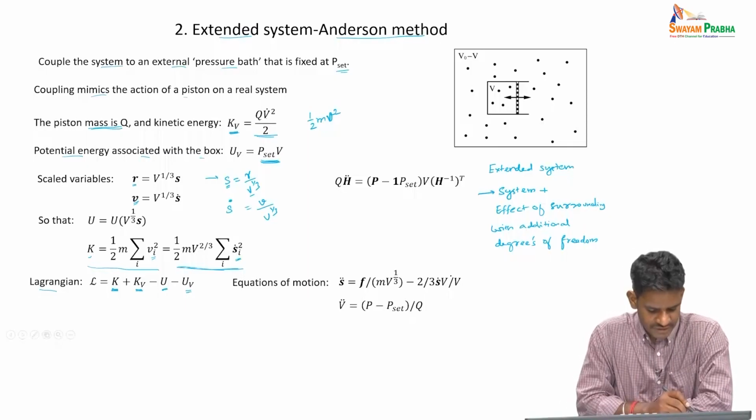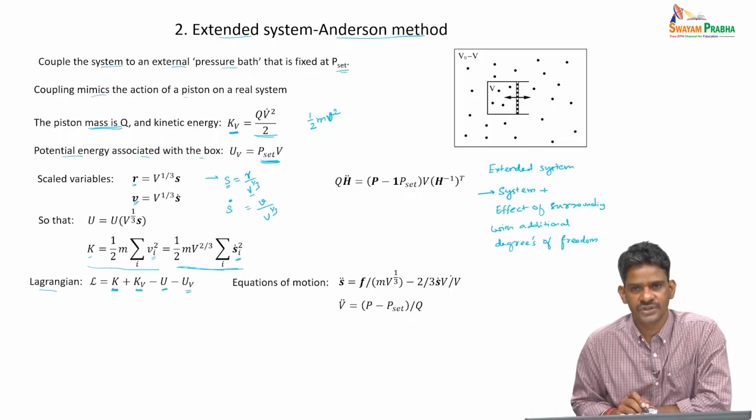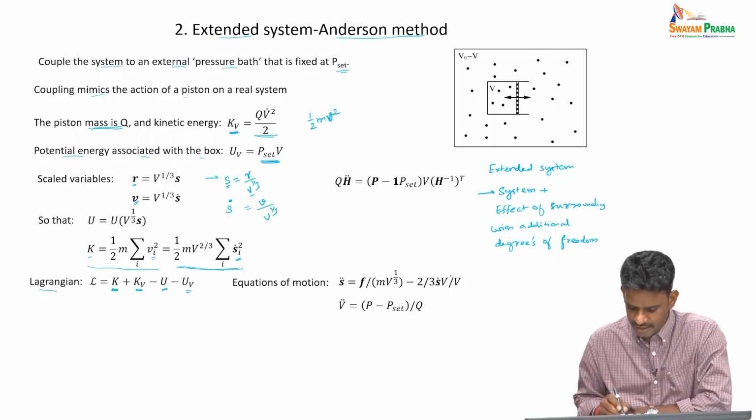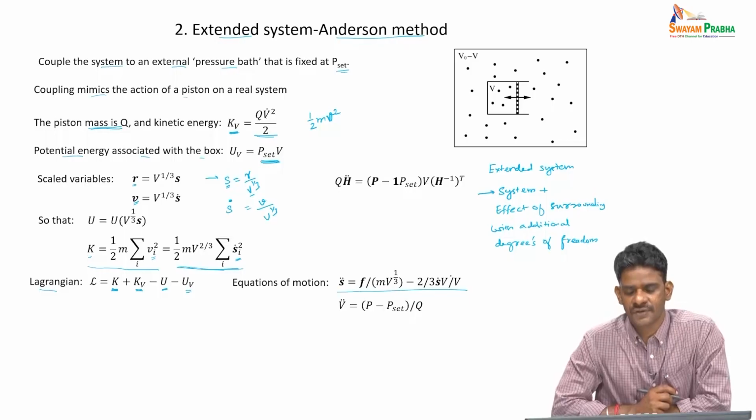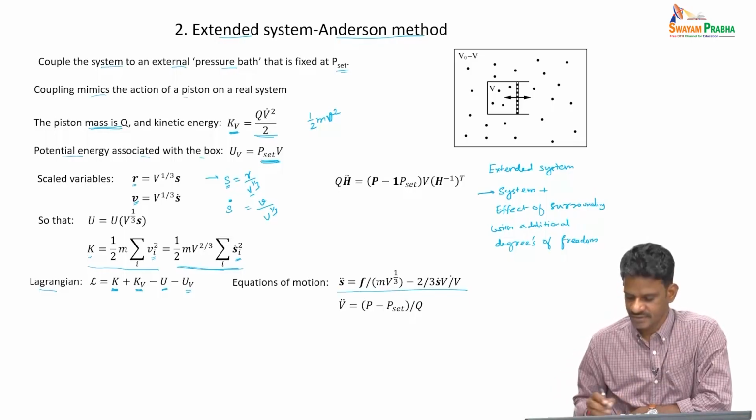Once we have a Lagrangian, we can apply the Lagrangian equation of motion, and we get a second order differential equation for the scaled particle positions. This is a second order ODE.